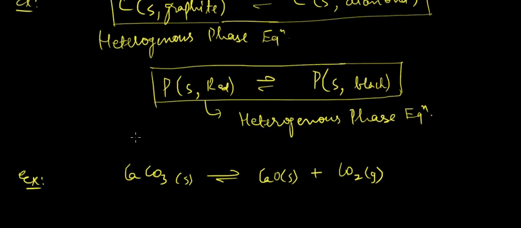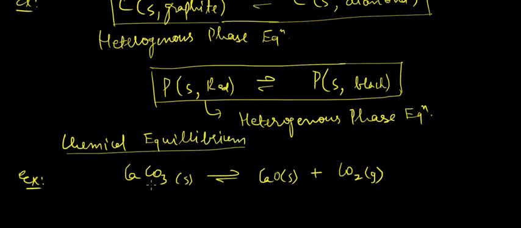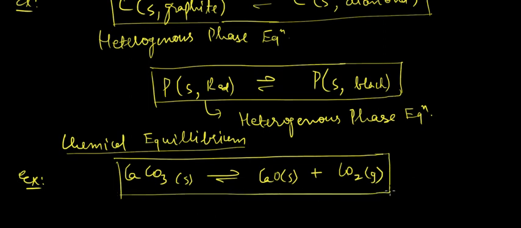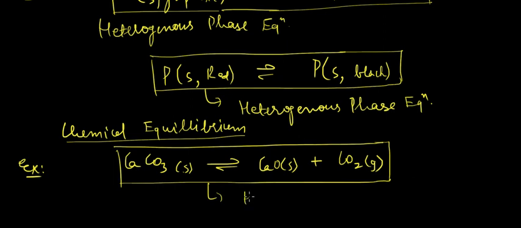Okay, so this is a chemical reaction, but this is also an example of chemical equilibrium, which is heterogeneous in nature because of the involvement of more than one phase. One is solid and another one is gaseous. So again this is an example of heterogeneous phase equilibrium.